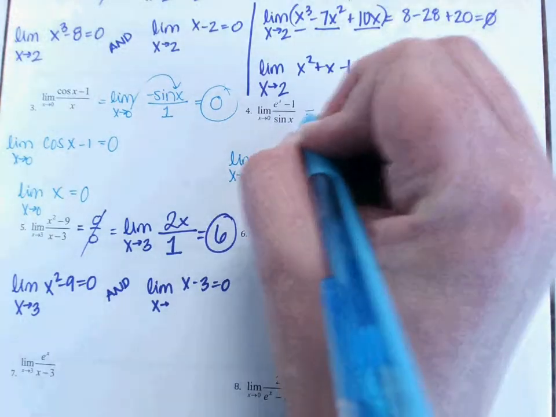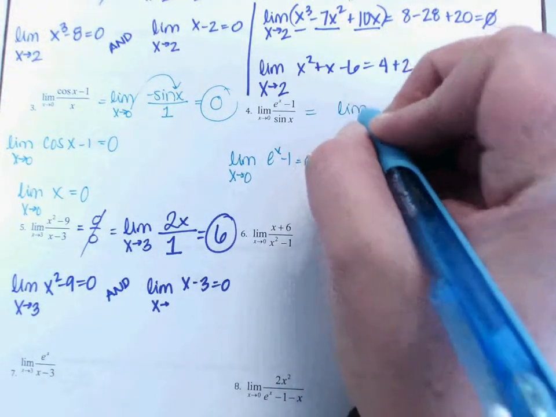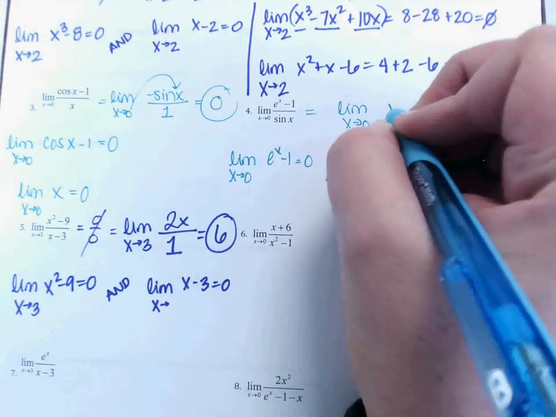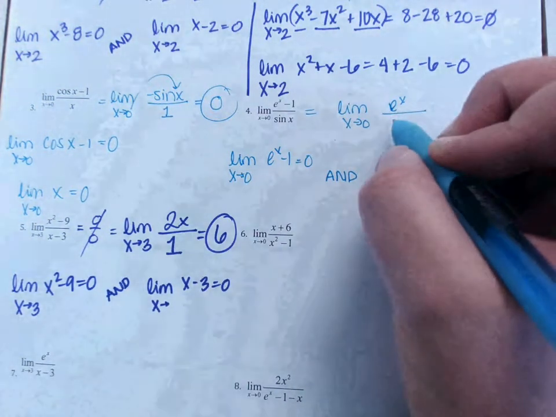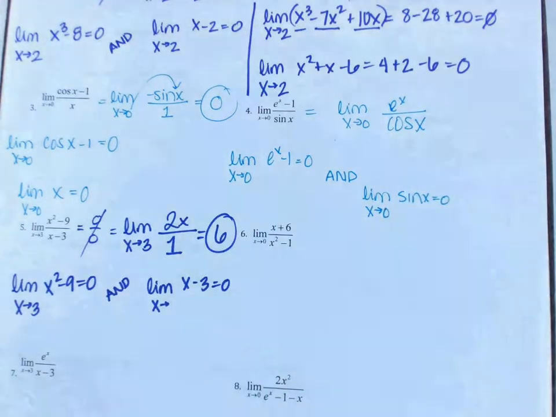Just e to the x. X is still approaching 0. And then on the bottom it was a sine x. What's the derivative of sine x? Cosine x. And then now when I plug in 0, what's e to the 0 on top? 1. Cosine 0 on bottom? 1. 1 divided by 1 is 1.